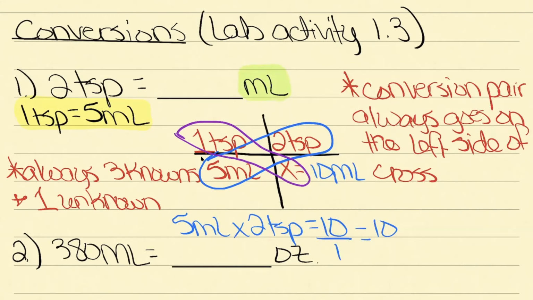And now I'm gonna do it a different way because I normally don't do it that way because I feel like it's more confusing. Typically, I just do it like that, cross multiply. So if it's a cross, you multiply side by side, you divide. So like I said, 5 and 2 are across from each other. So I multiply that. And 1 teaspoon and X is across from each other too.